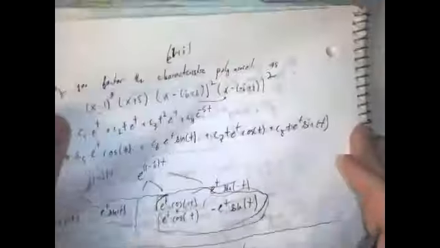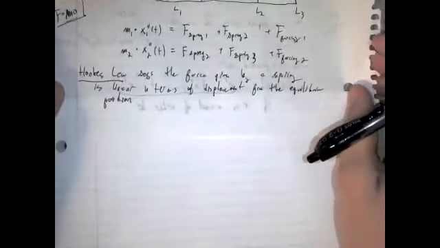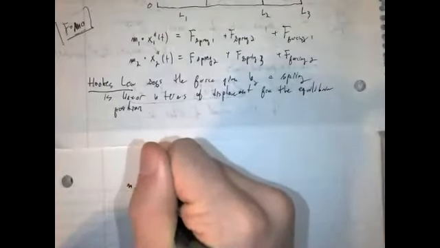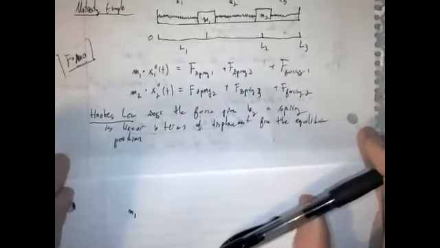So what we're going to do is start summing up and totaling all the forces that are involved here. I can do it this way. So I'm going to have M1, let me see if we can get the picture too.